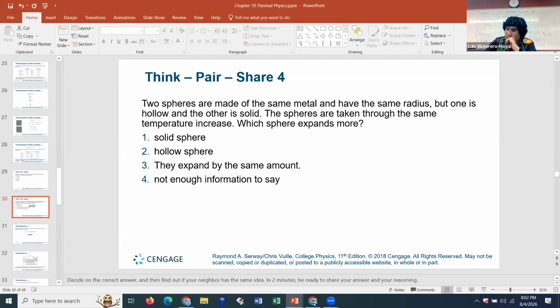If they're of the same material, both expand the same amount. Because the thermal expansion depends on three parameters: the temperature difference, the coefficient that depends on the material, and the initial size. And they both have the same size. Okay?